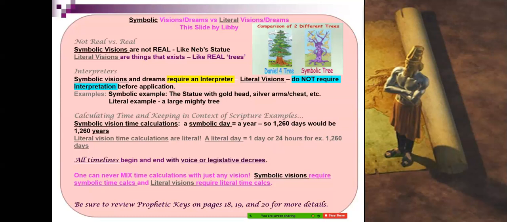So, symbolic vision time calculations. A symbolic day equals a year. So for instance, if we were dealing with the number 1,260 days, that would mean literally 1,260 years, as we saw in Vision 2. Literal vision time calculations are just that.